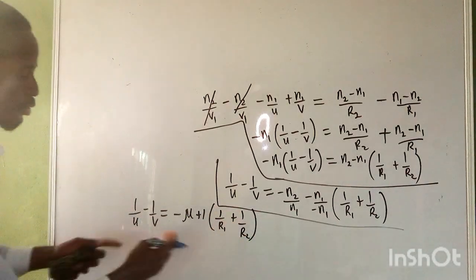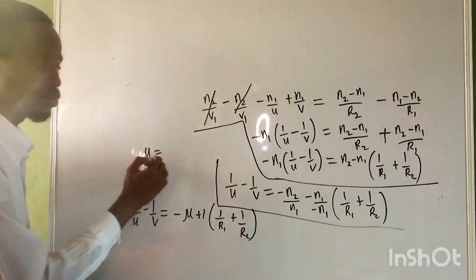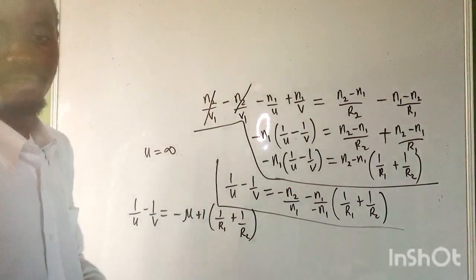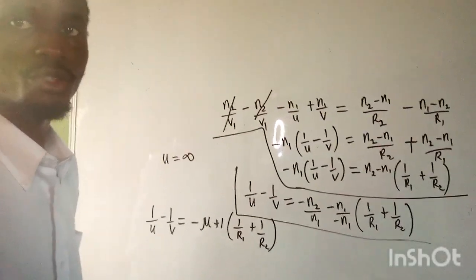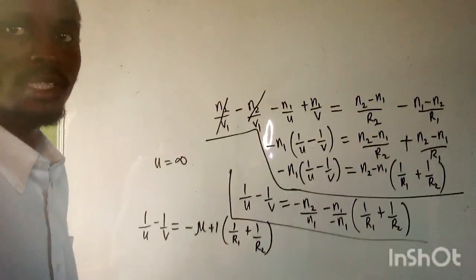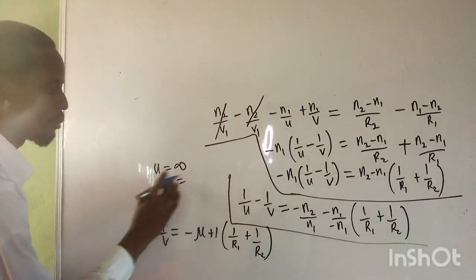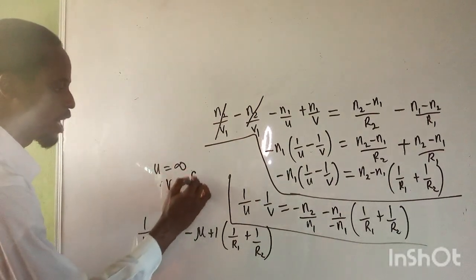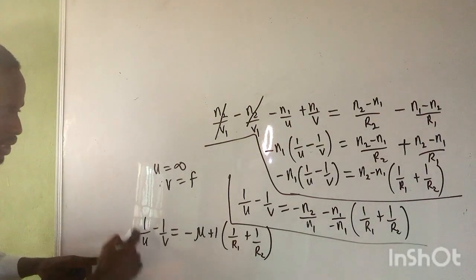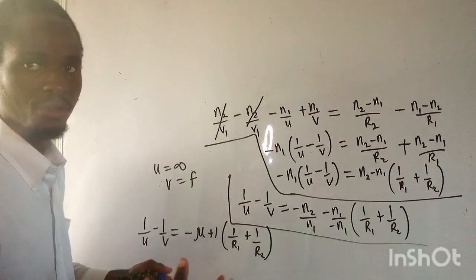So in a nutshell, how do I simplify this? Whenever you now place an object at infinity, that is when the object distance is at infinity, okay, let me drive the camera closer so you can see what I'm trying to talk about. If the object distance is at infinity, then u will be equal to infinity and v will be equal to f. So in that wise, I can change this to infinity, 1 over infinity, we can neglect that value to be 0 because it's actually very small.